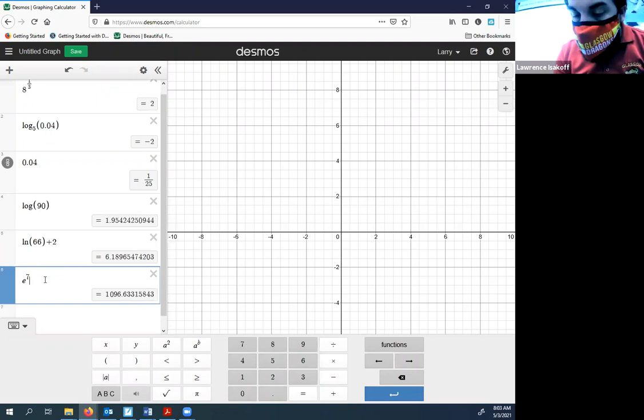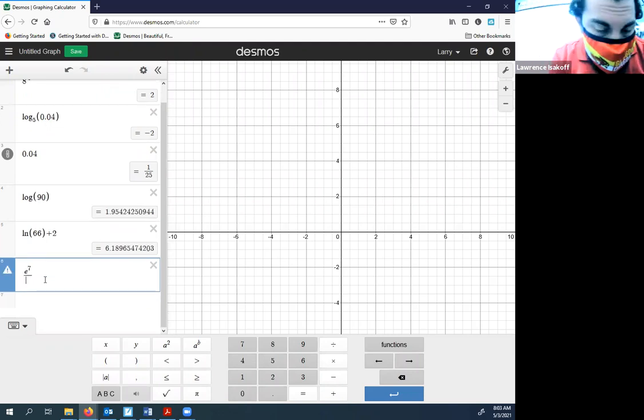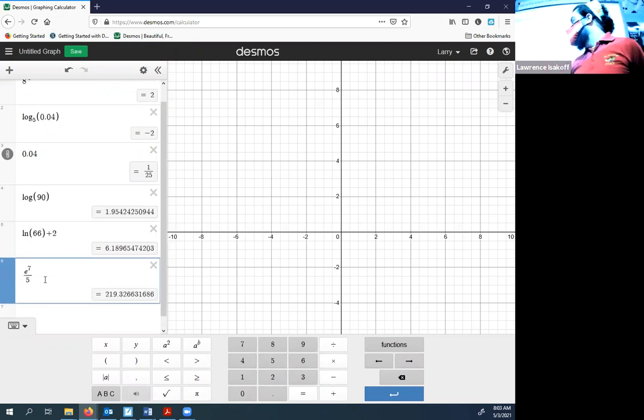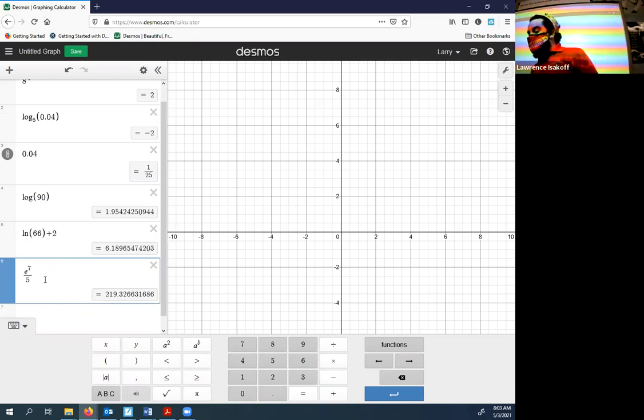Okay, that was off from what I was predicting, divided by 5. So here we get 219.3266. So I was thinking e to the 7 might be a little lower than it was, maybe a little closer to the magnitude of 500, but it was over 1,000.